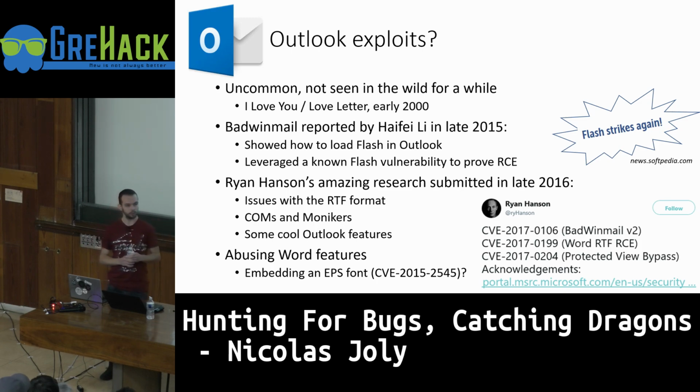Occasionally, we get some very good reports, like the one from Haifeli in 2015, 2016. He found a way to insert a flash object into an email, send it to the client, and using a known vulnerability, he managed to get remote code execution just by viewing an email. It's quite good. Another one is Ryan Hansen.